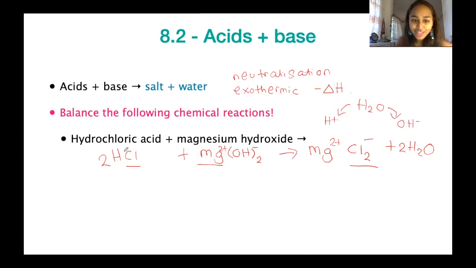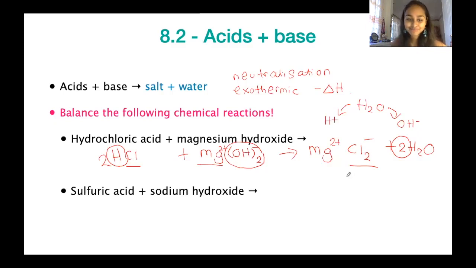So I know that on my reactant side, I've got 2 hydrogen ions and 2 hydroxide ions. So I'm definitely going to have 2 water molecules. They always combine in a 1-to-1 ratio: the number of hydrogens to the number of hydroxides to the number of water molecules. So that's a useful trick to bear in mind.